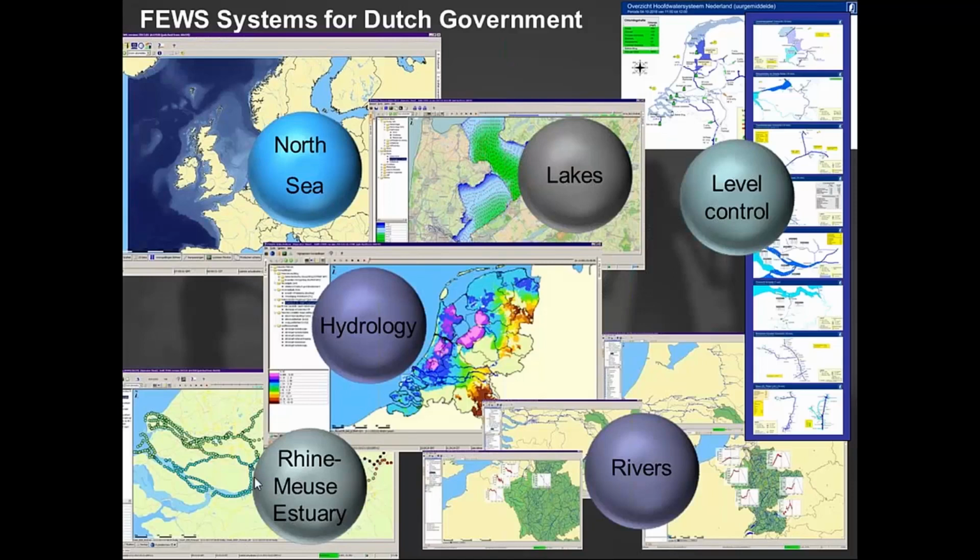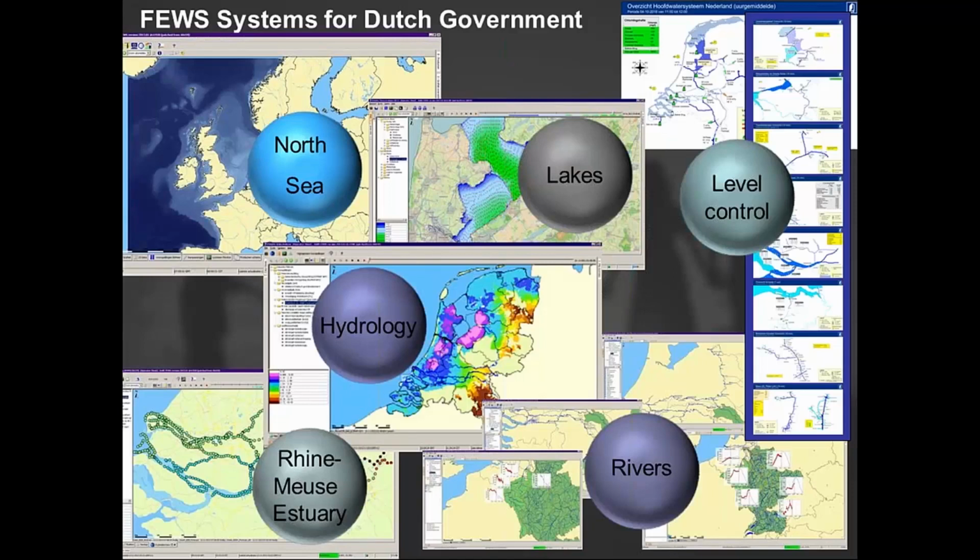Down below, we have the Rhine-Meuse estuary system, which simulates the tidal and discharge from river interactions in this complicated area, and we support the decision of the opening and closing of the storm surge barrier in that region.